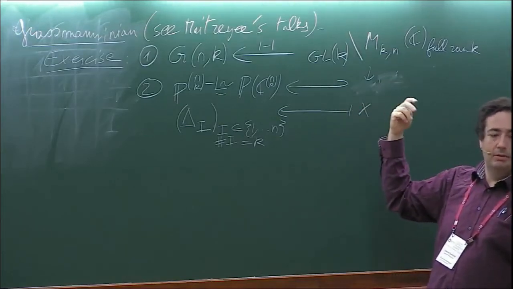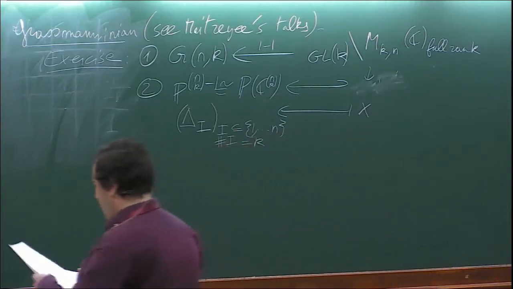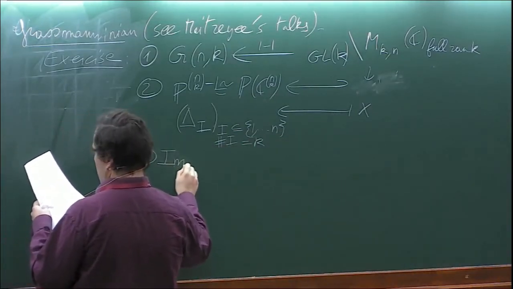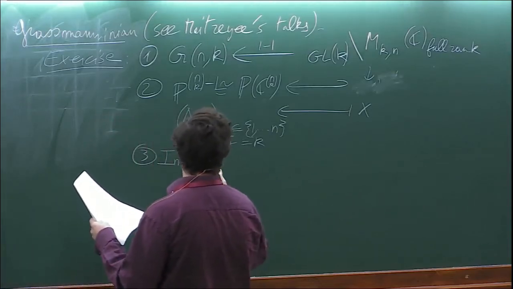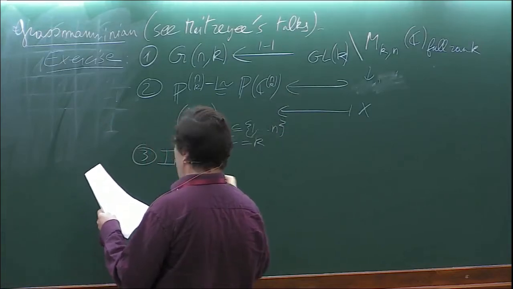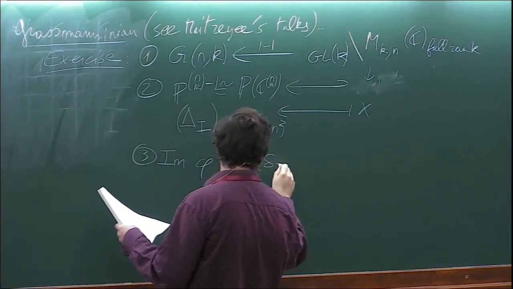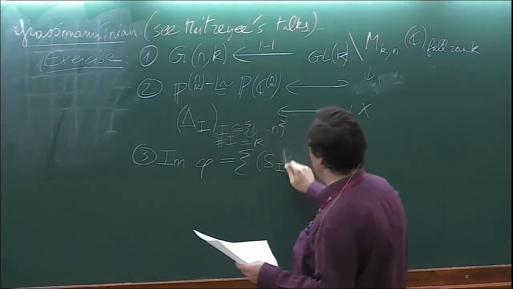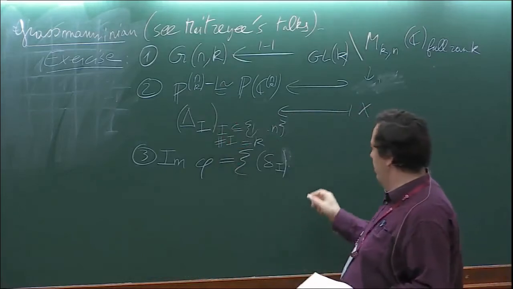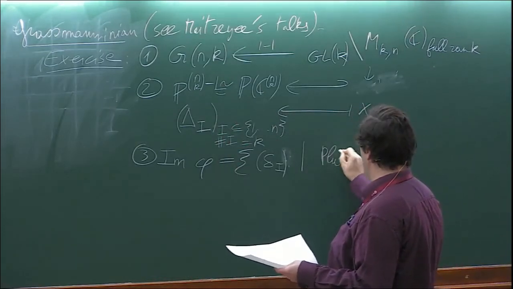It's a bit tricky, but I let it as an exercise. Just do it. And 3, image. No, actually, the injectivity is easy. Sorry, it's not what I wanted to say. Image of phi is equal to the set of small delta_I, just an abstractization of the big delta_I, satisfying the Plücker relations that you learned last week.